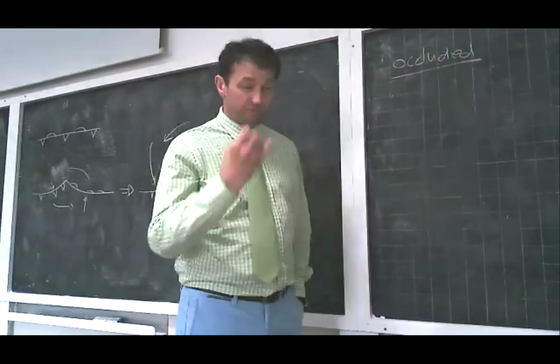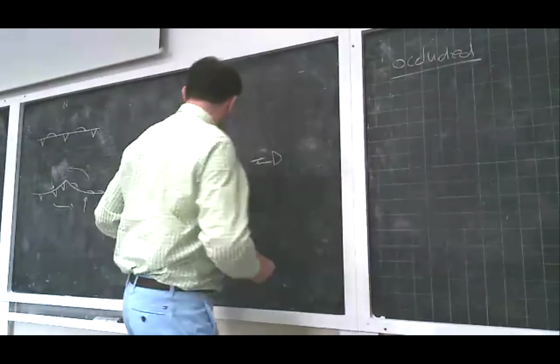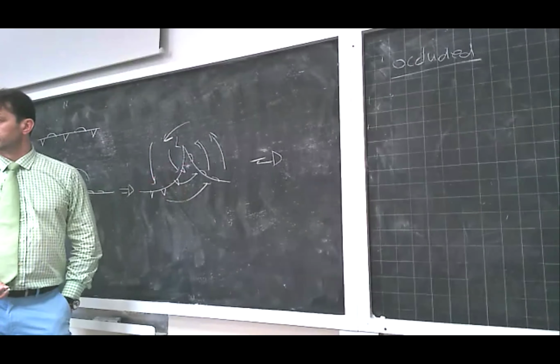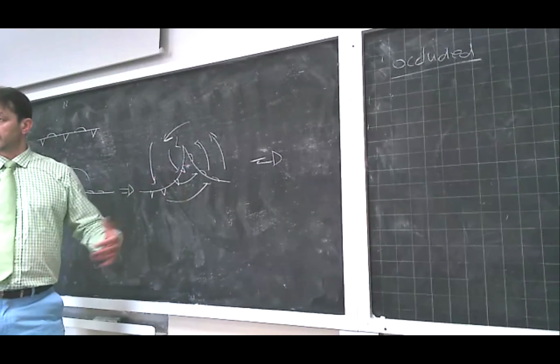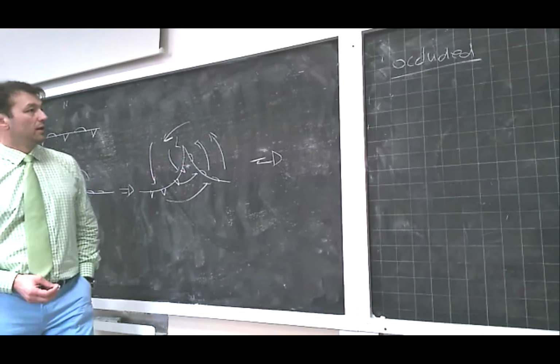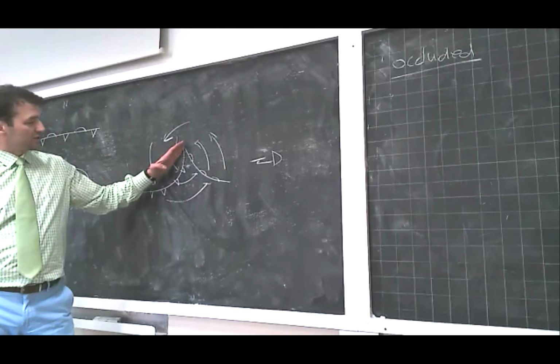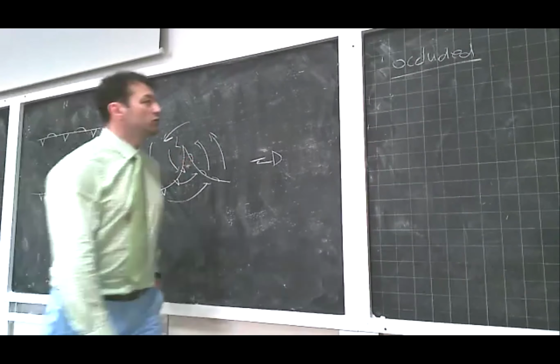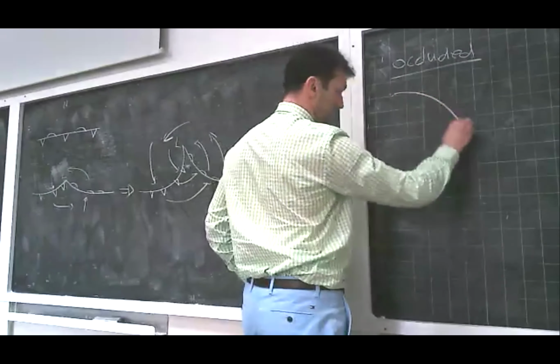Occluded cyclone, which I will explain soon. You see, the cold front is generally moving faster than the warm front. Cold air is advancing faster than the warm air. So you see this front, as it is advancing, it is catching this front. So you end up with something like this.